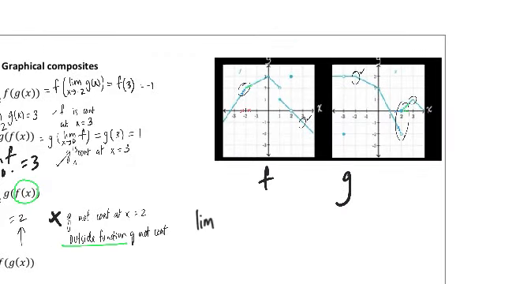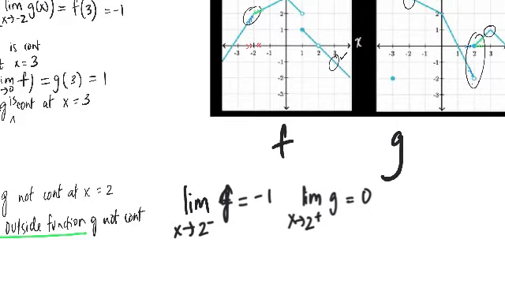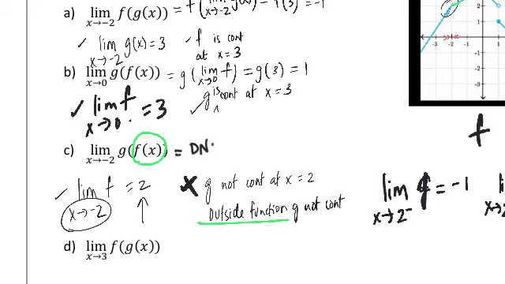Because I can now write limit of g as x approaches 2 from the left side is negative 2, and limit of g as x approaches 2 from the right side is 0, right? And so the two are not equal, and so this is going to be a DNE. Okay. Now, you can have a situation like D.